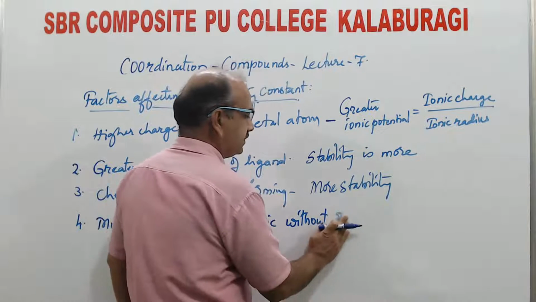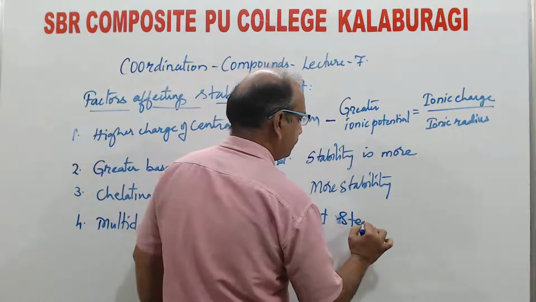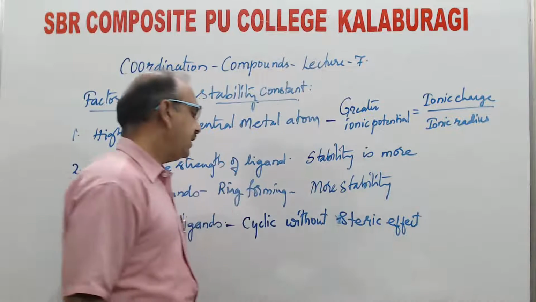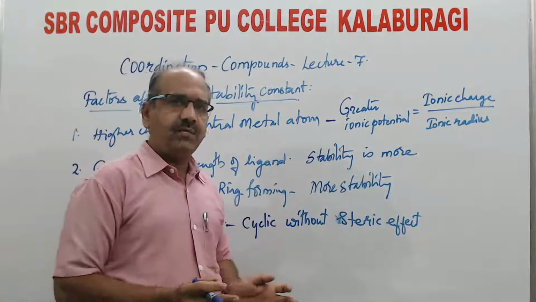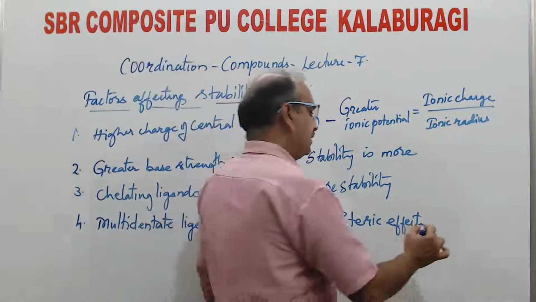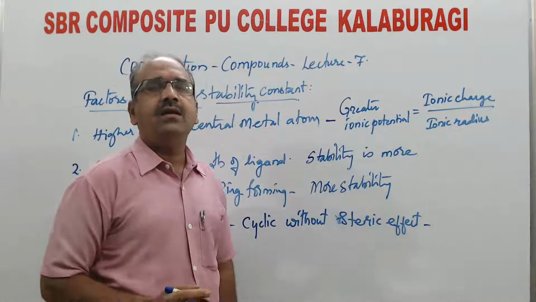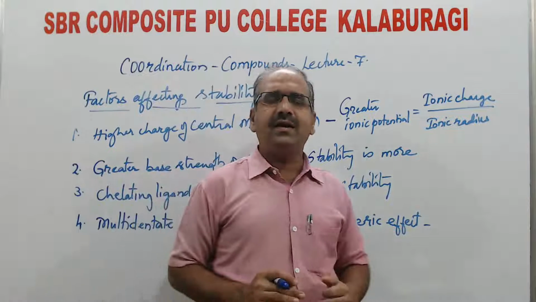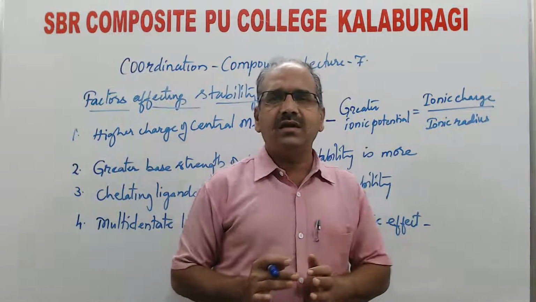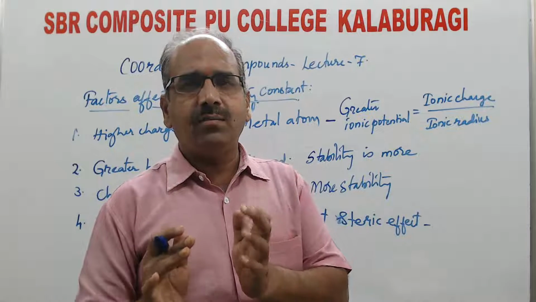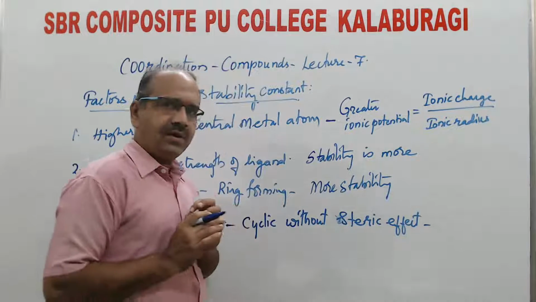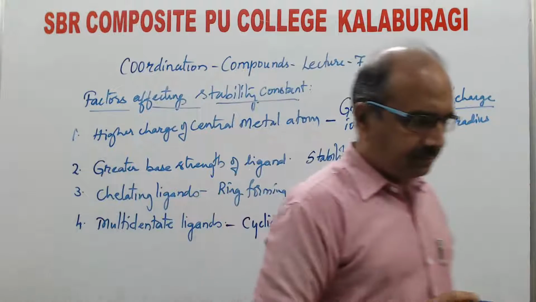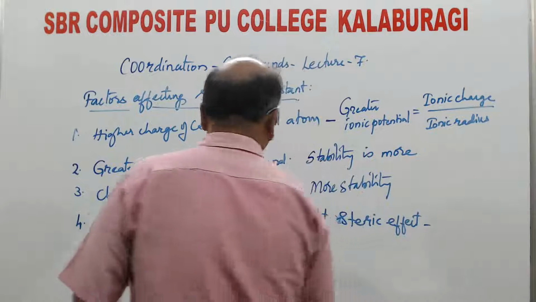Here we have a polydentate or multidentate ligand, not chelating, which surrounds the central metal atom and forms the bond with it. Without any steric effect, this is called the macrocyclic effect.